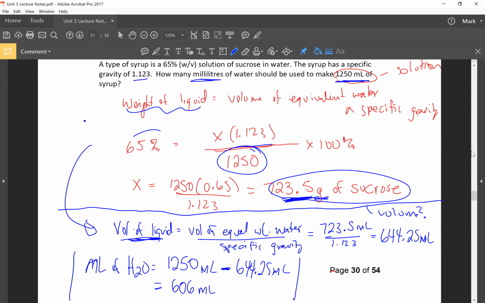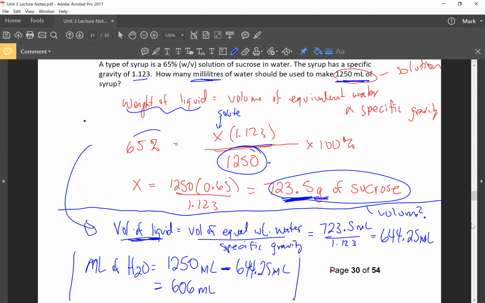Sir? Yes? We normally use water as a solvent. Why did you use sucrose as the solvent? I did not use sucrose as the solvent. Where do you see that? In the first equation, 65% is equal to x into 1.123. Yeah, but this X on the top, remember your formulas, this is the solute.